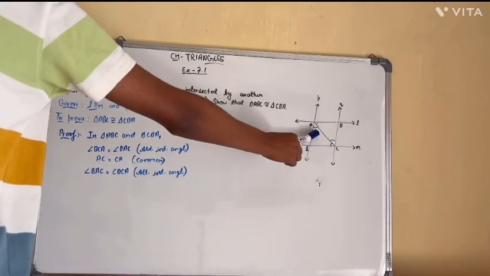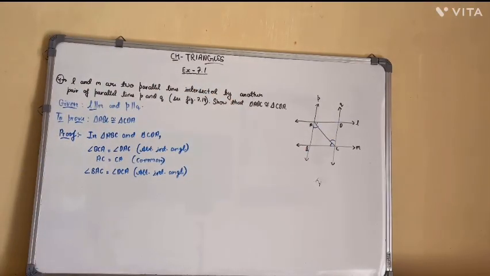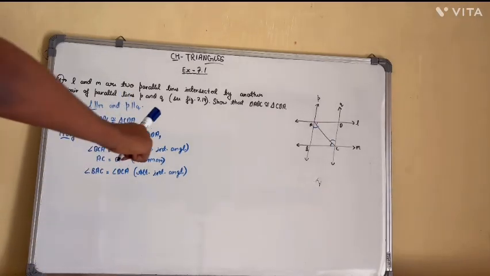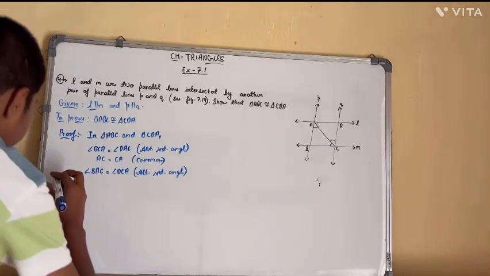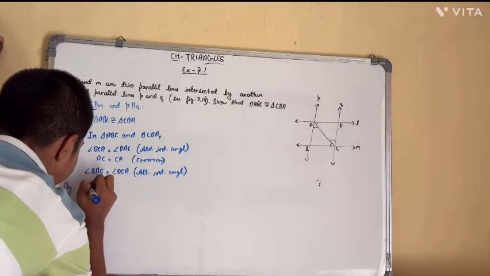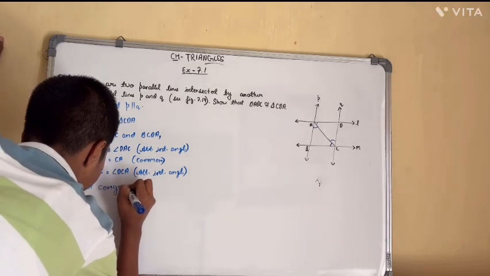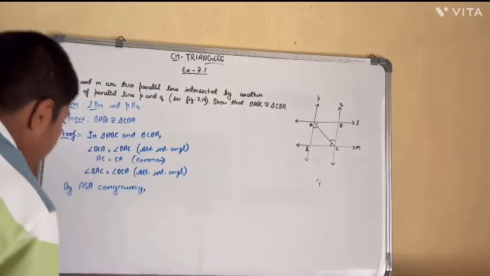Okay, so you can see this is angle, side, angle. Firstly this angle, then side, then angle. So this is the angle, side, angle congruency rule. So we can write by angle, side, angle congruency, what we can say?